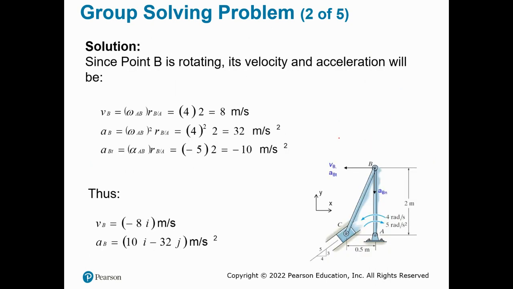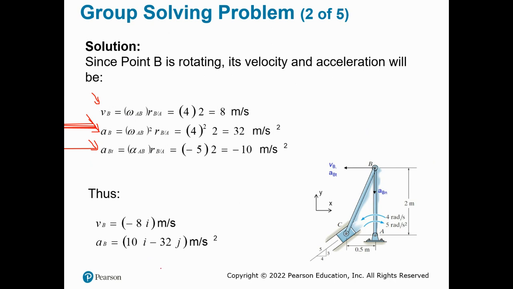Okay, that's what it is. So v_B is going to be omega_AB times the radius. Does not surprise me. Acceleration will be omega squared times r_B/A, and this gives me the linear acceleration, and then the tangent component will be alpha times r_B/A.